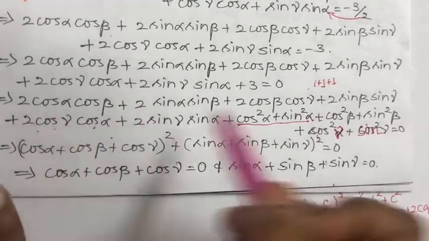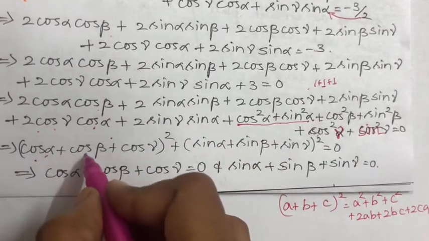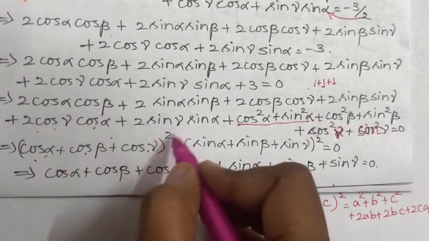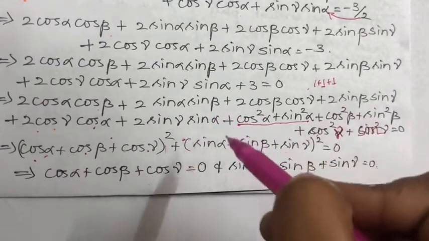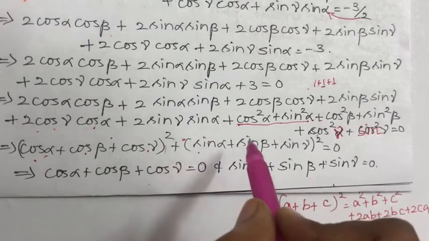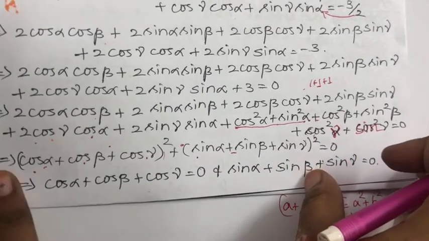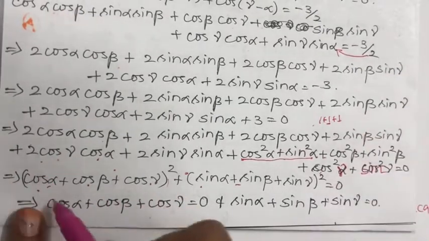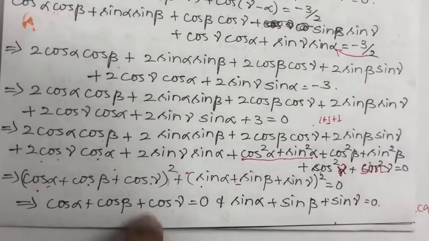So instead of this I write cos alpha plus cos beta plus cos gamma the whole square. And the remaining terms are the expansion of sin alpha plus sin beta plus sin gamma the whole square. Okay. So this square plus this square is equal to 0.